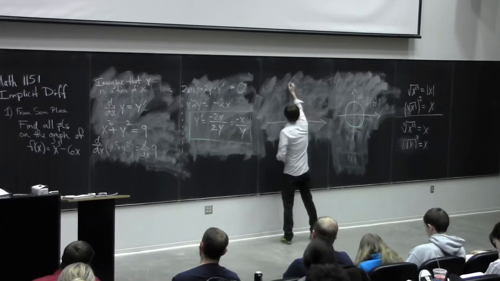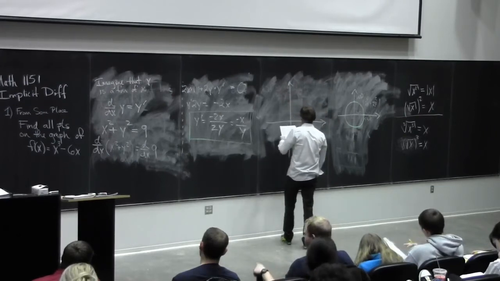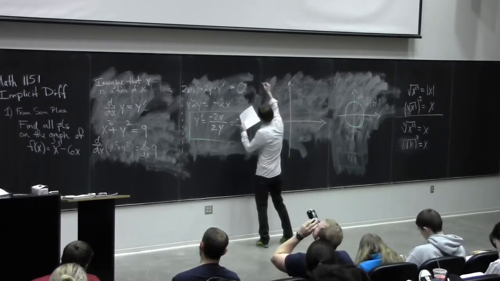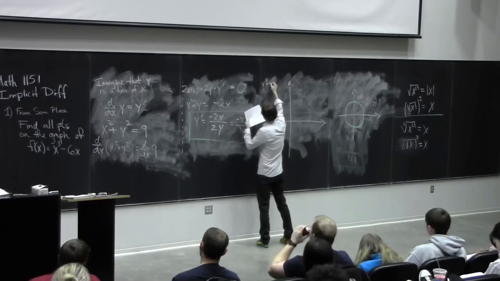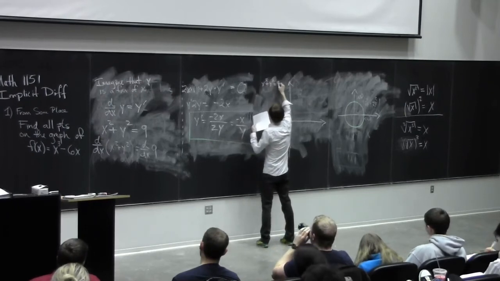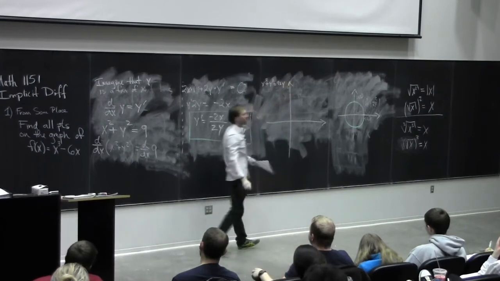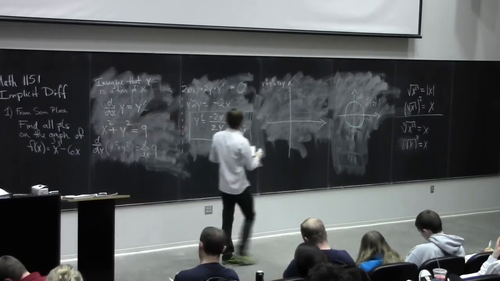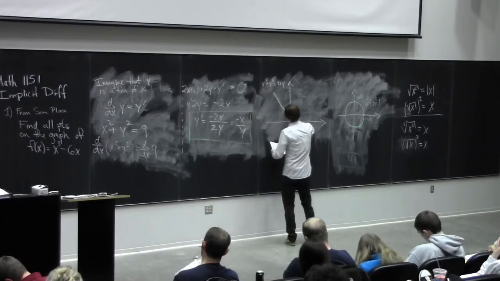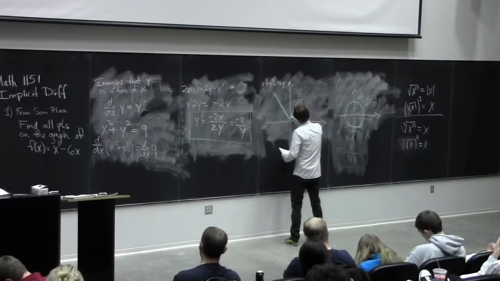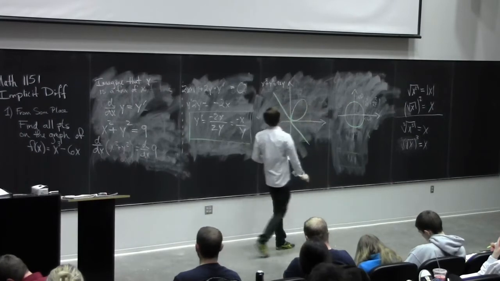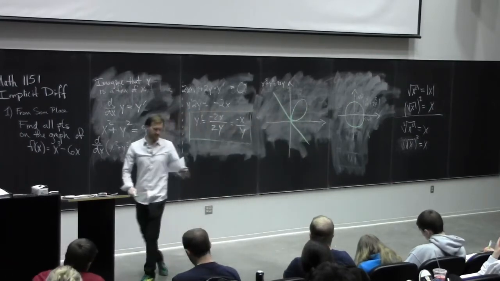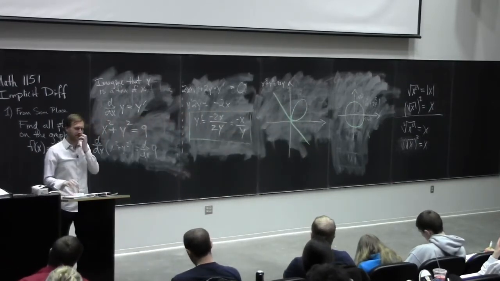He was before calculus, but he could still solve a lot of calculus problems. And he studied this curve, x cubed plus y cubed equals 9xy. This is called the folium of Descartes, and it looks like this. It's kind of a pretty curve. Looks kind of like that. It's more curvy than what I drew, but that's okay.